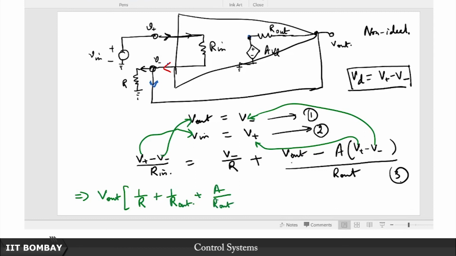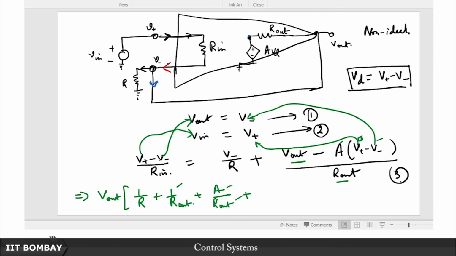So notice this V_out/R_out is this term, and then A/R_out is this term, right, because of this term here. Though they are both minus and plus signs, I am checking every sign as I go because I have this habit of making careless mistakes, not a good thing.